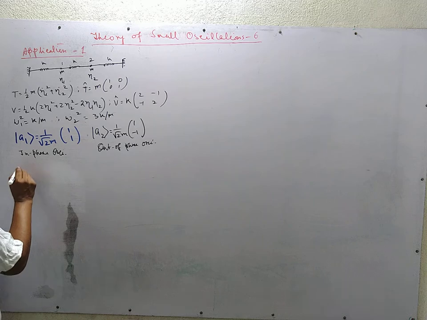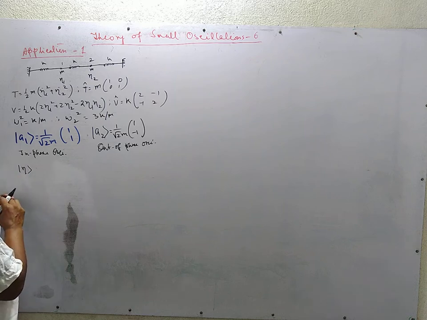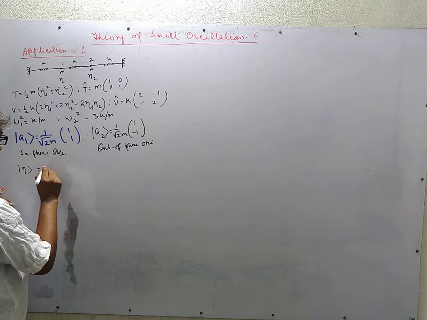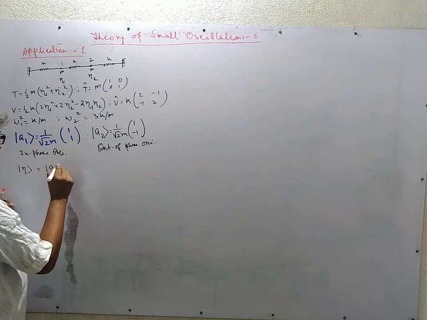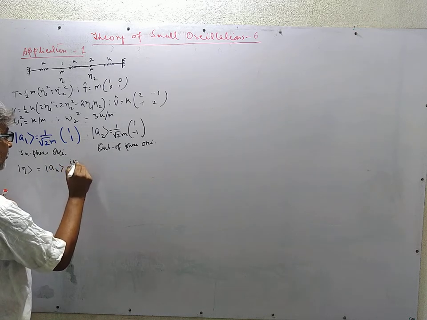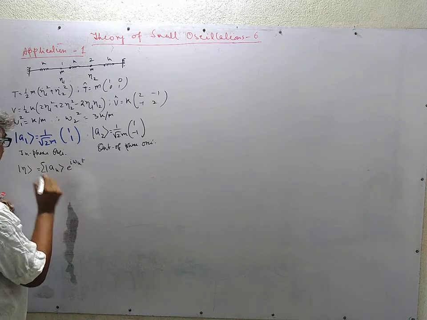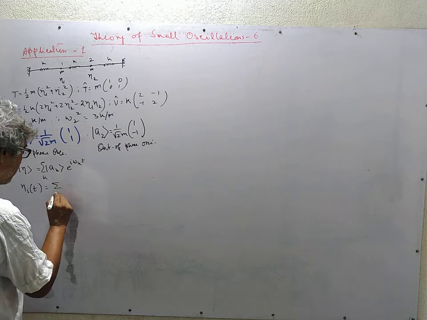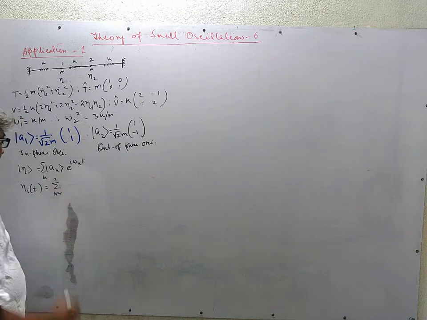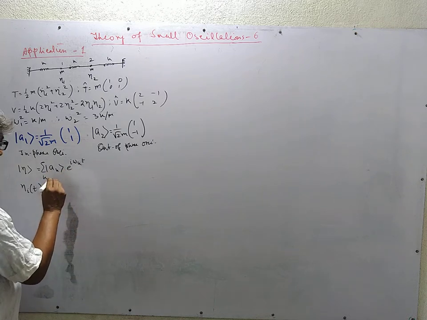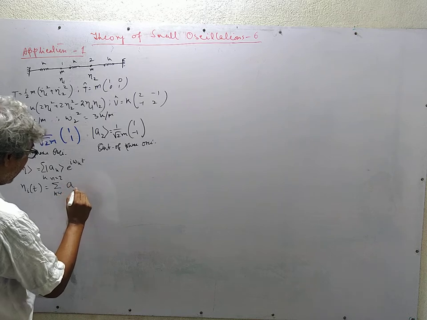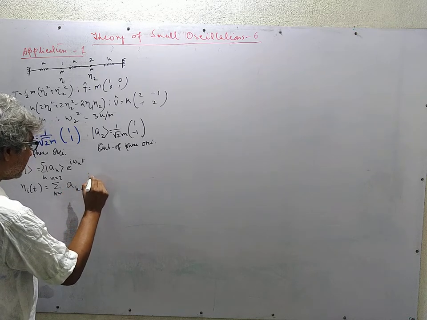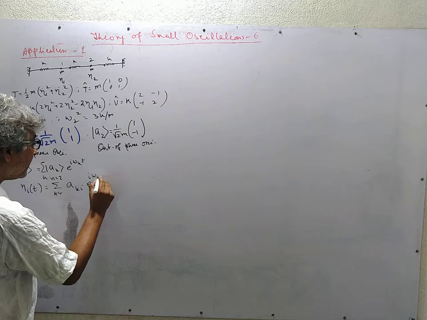You recall that the eta matrix, eta, was defined to be the matrix A_k times e to the power i omega_k t, sum over k, which when written in component form we write that eta_i equals the sum over k equal to 1 to n, here n is equal to 2, of a_ki e to the power i omega_k t.